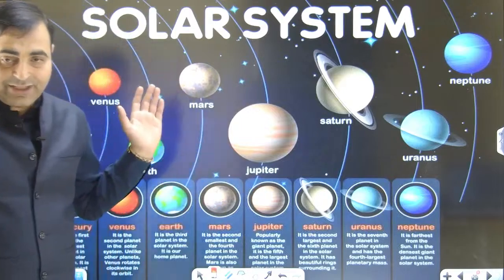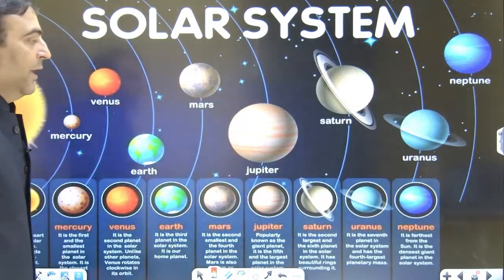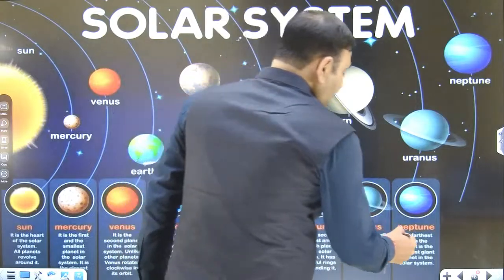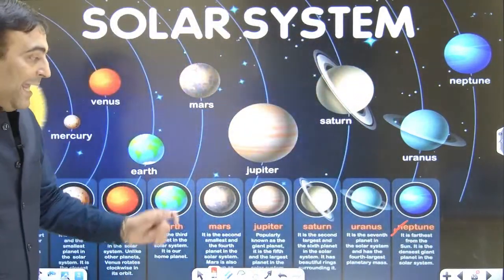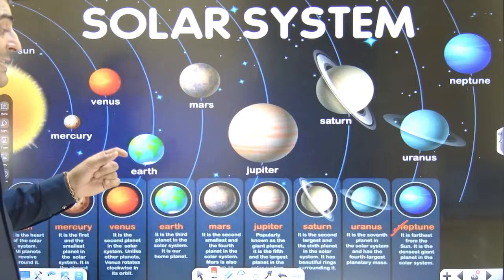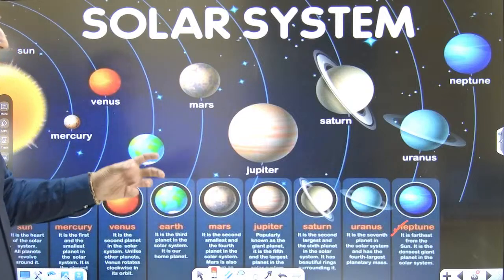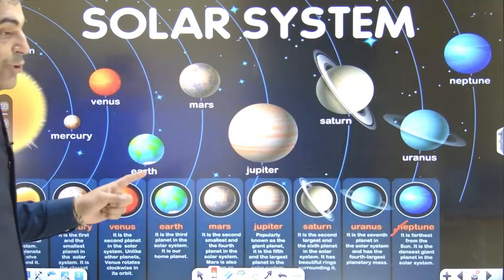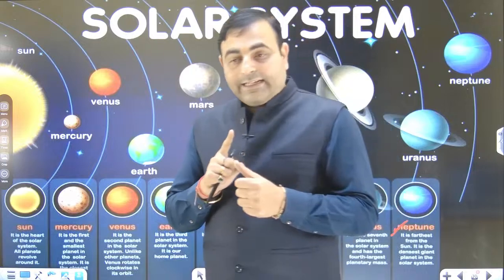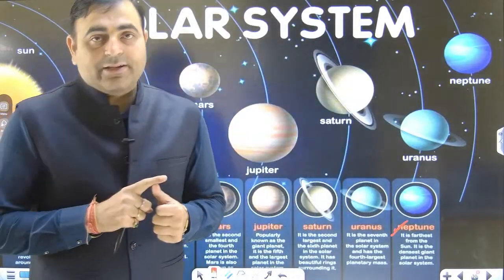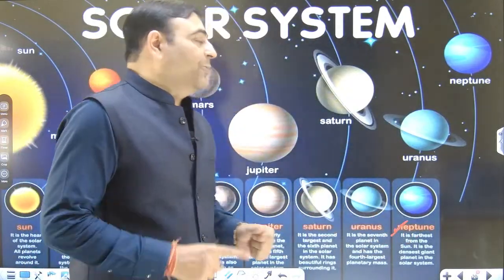The farthest is Neptune. And Neptune is considered to be the densest giant planet in the solar system, a highly dense planet of our solar system.